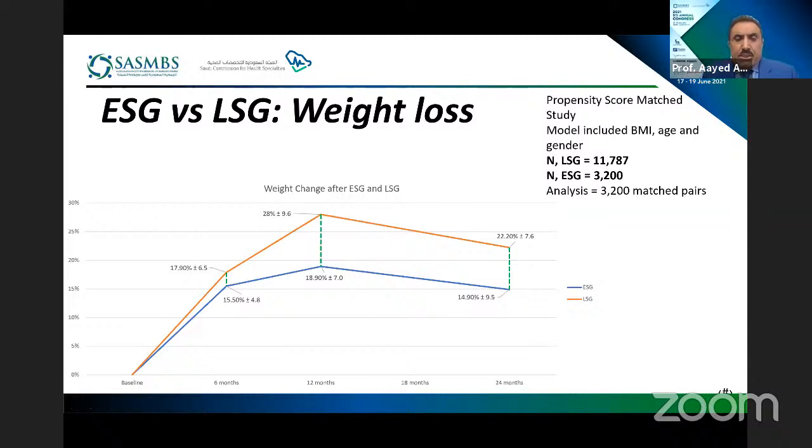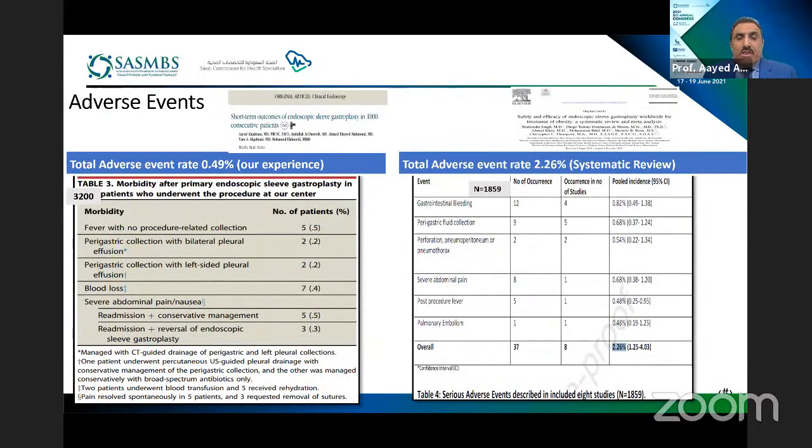So yes, it's less than sleeve, but when we compare non-inferiority, it's not inferior to laparoscopic sleeve gastrectomy, considering that non-inferiority is a 10% difference. The adverse events are not really major, and most of them are minor and can be overcome easily with different protocols.